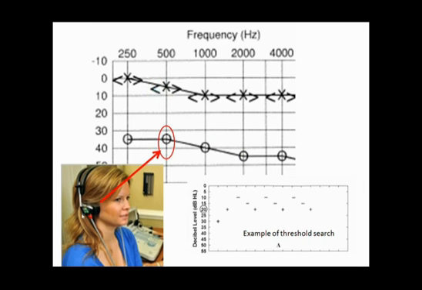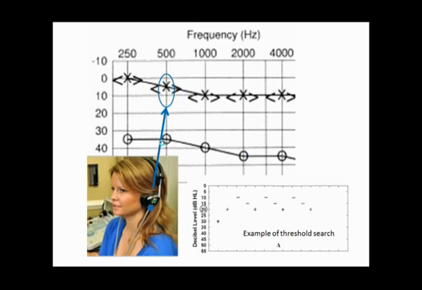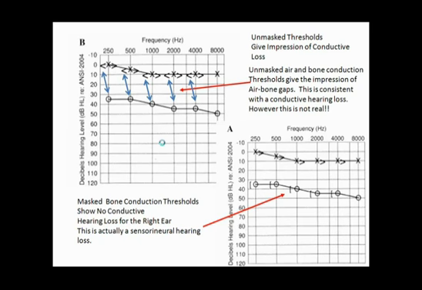Notice the red color right there. That means the right ear. And then we do the same thing for the left ear: unmasked bone conduction threshold and the left ear air conduction threshold. Okay, so that's how we get this.